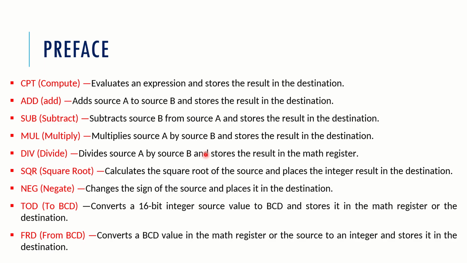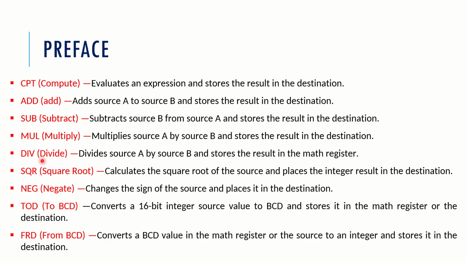Whether to subtract B from A or A from B, always remember A is the primary data. Whatever is in source B is subtracted from source A. Whatever is in source B is added to source A. Whatever is in source B is multiplied with source A. Source A means the contents of source A, rather.